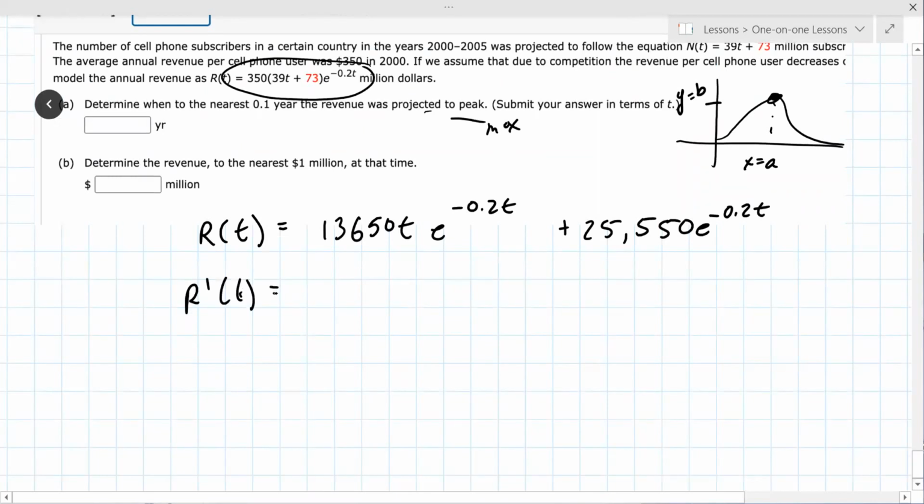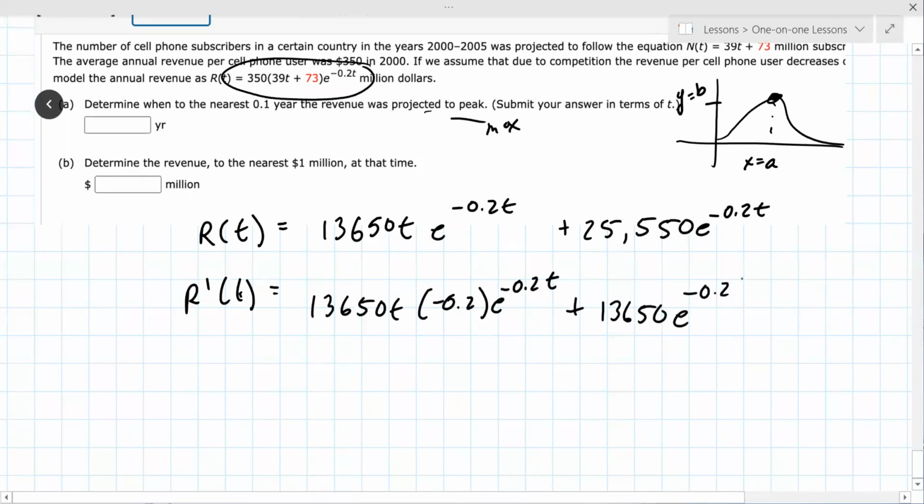All right, now the derivative here is product rule for this first one, because there's two functions here. Keep the first, derivative of the second, plus the second, derivative of the first. The second one's just an exponential. So we have 13,650t times the derivative of the exponential, which is minus 0.2 e to the minus 0.2t, plus the derivative of the first, 13,650 e to the minus 0.2t.